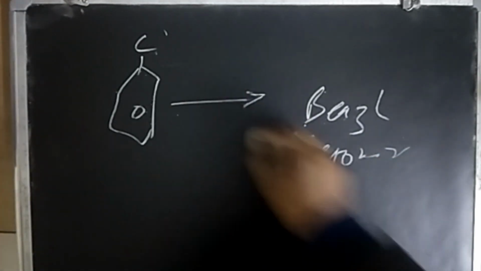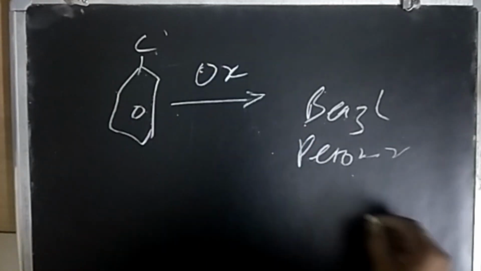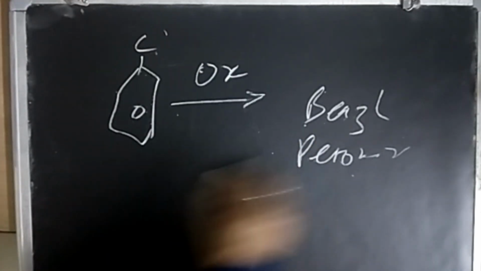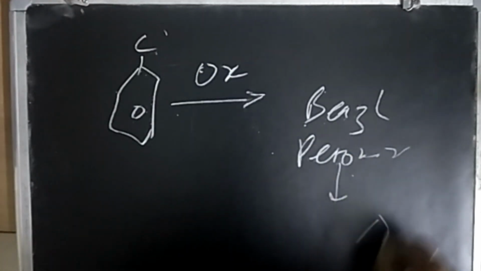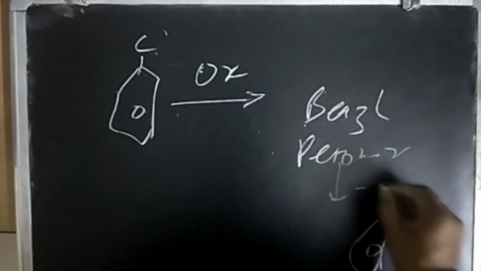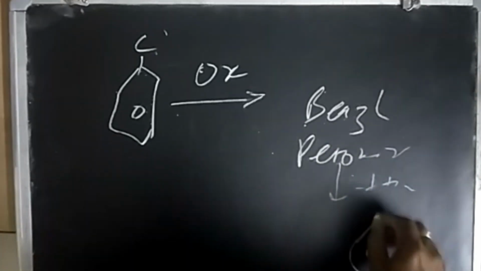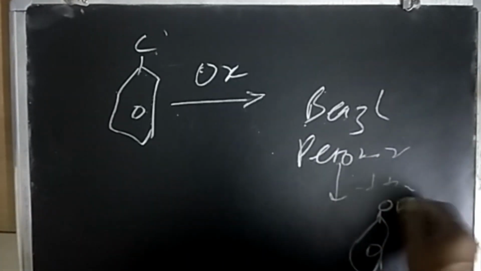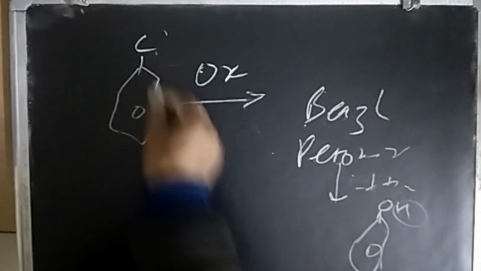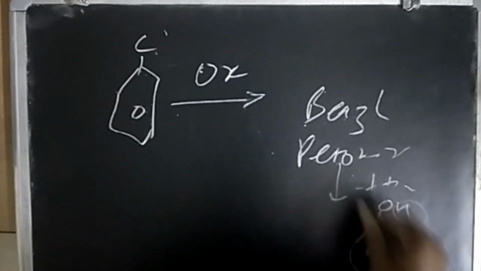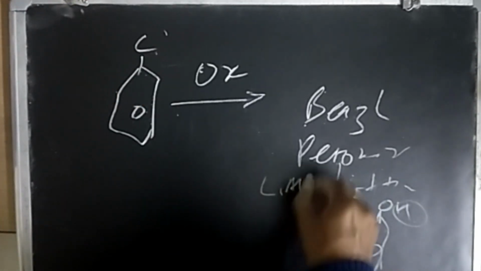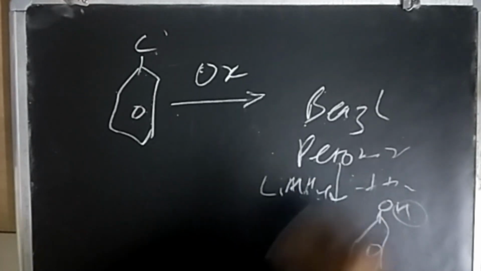This is oxidation, and then from this, to make the phenol, you need reduction, minus H2. So this will reduce it, and H will come here. First putting the O, then H. And for this, LiAlH4 is the best for reduction.